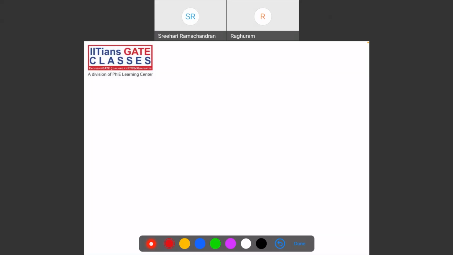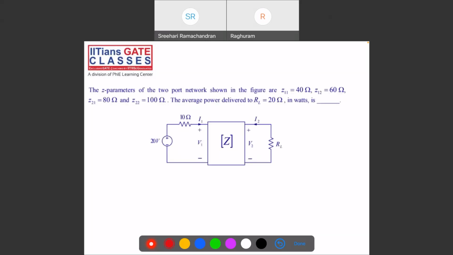So again, I want you to try this as a homework. Okay, this is not a reciprocal network. You have to find the average power delivered to RL in watts. Slide is not updated. Right now it's updated. Z parameters of the two-port network is given.